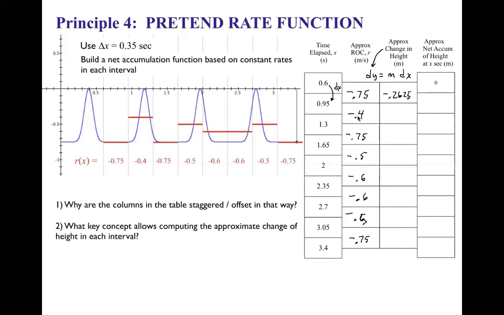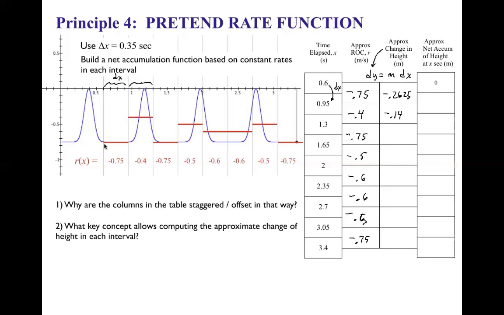And now in the next interval, it's the same dx, but it's at a slightly less negative rate. So we're going to apply this rate to get the change in y in this interval. So we're going to take negative 0.4 times dx, which will be the 0.35 again, and we get negative 0.14. Wait, how are you getting 0.35 for the dx? Because it's every interval.